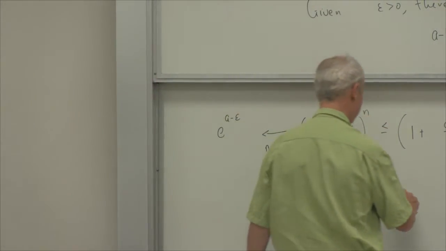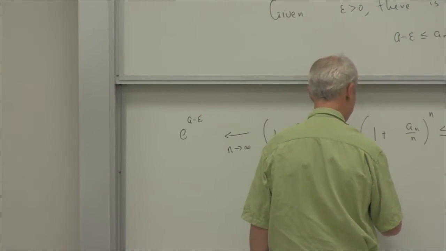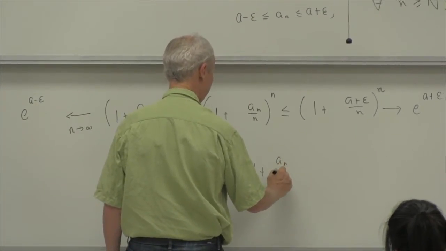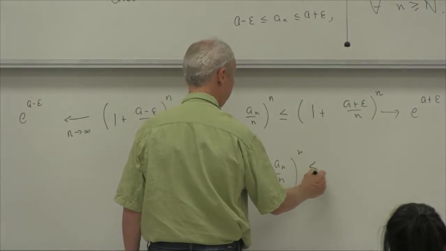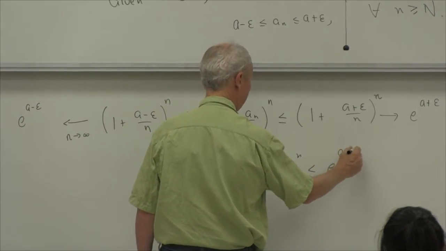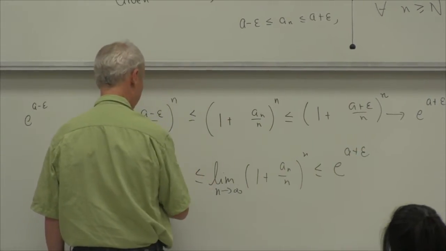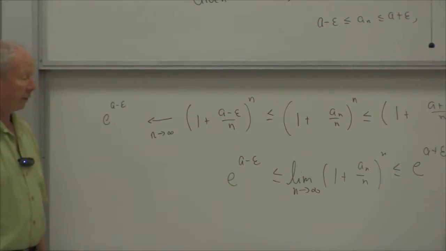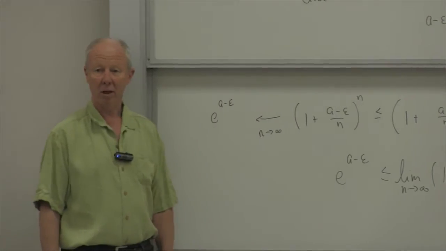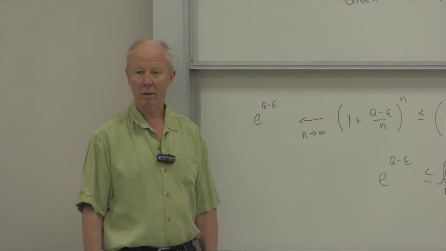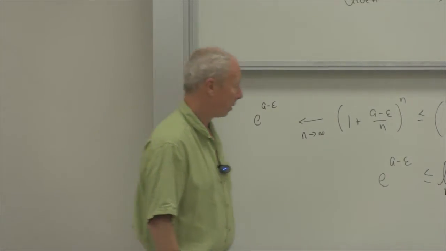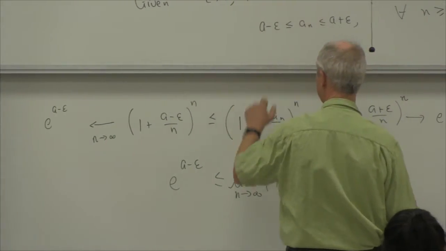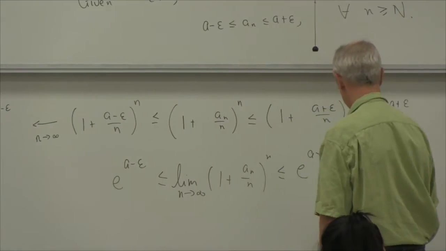So the limit, let's assume the limit exists, and this is true for every epsilon bigger than 0. See, no matter what epsilon I pick, this holds in the limit.